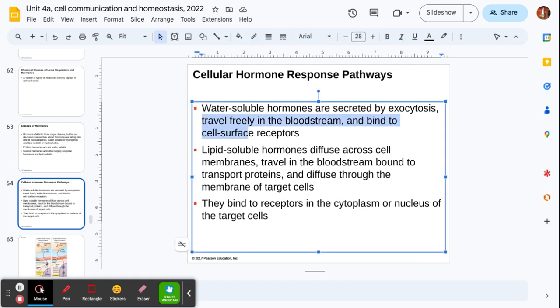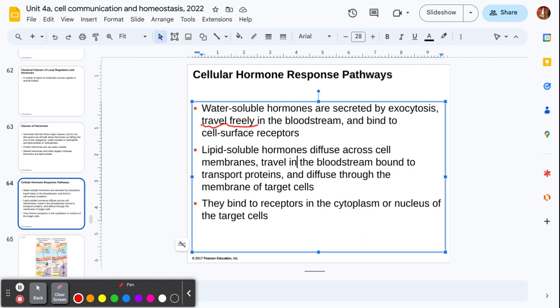They can travel freely through the bloodstream. But the problem is they cannot get across the cell membrane on their own if they're water soluble. They need help to get across. That's the bane of many biology students, trying to get across that cell membrane.